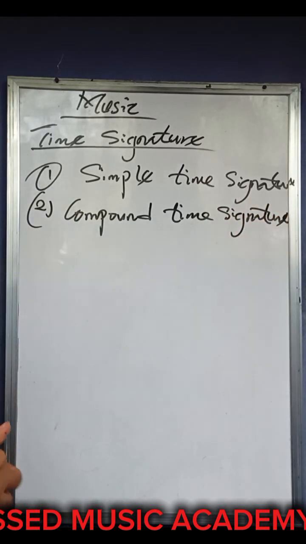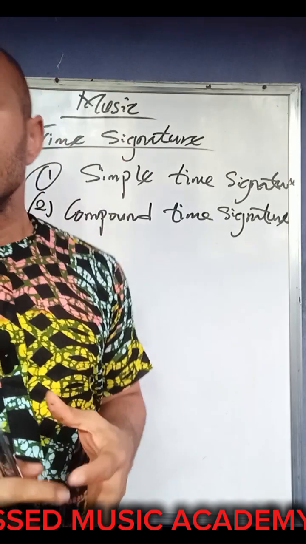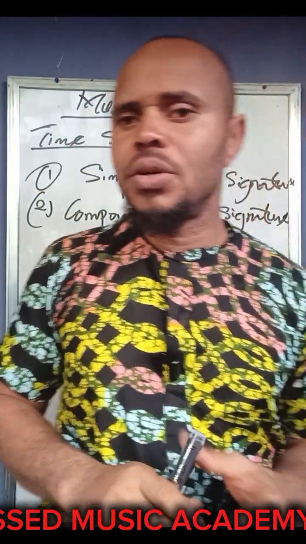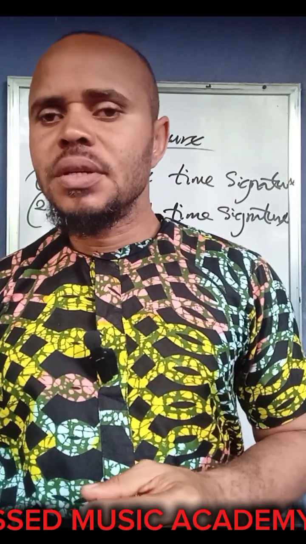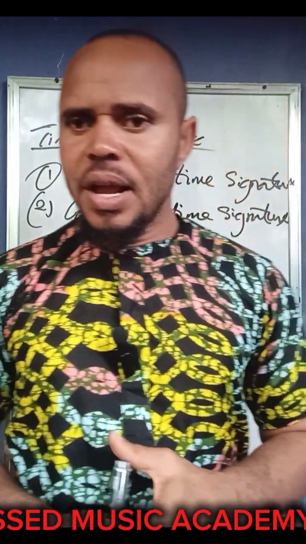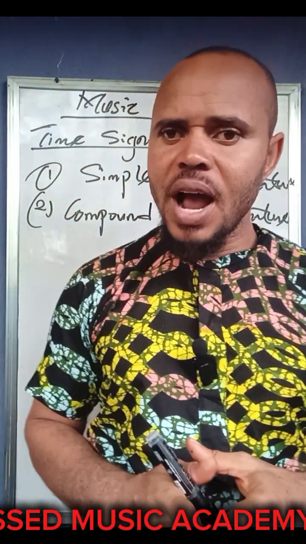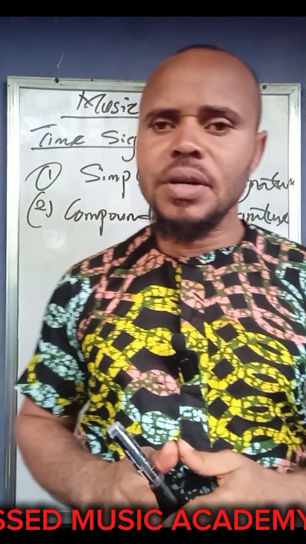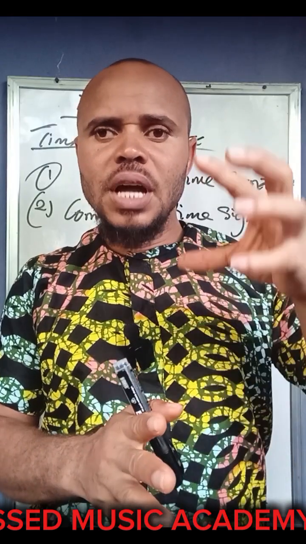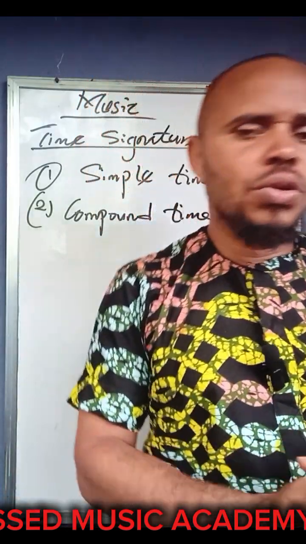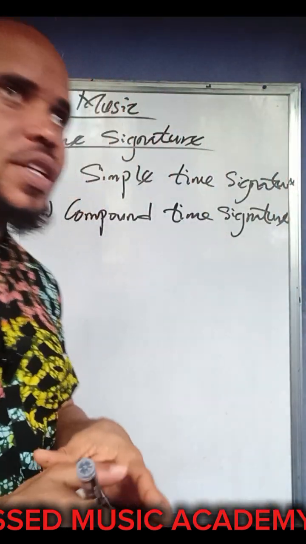So these are the two common time signatures, the simple and the compound. Now let's look at the simple time signature. As the name implies, these are time signatures that are divisible by 2, that the denominator is divisible by 2.